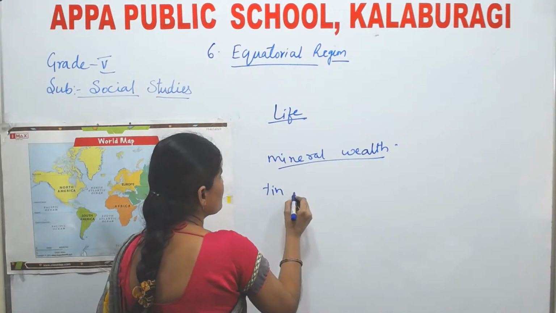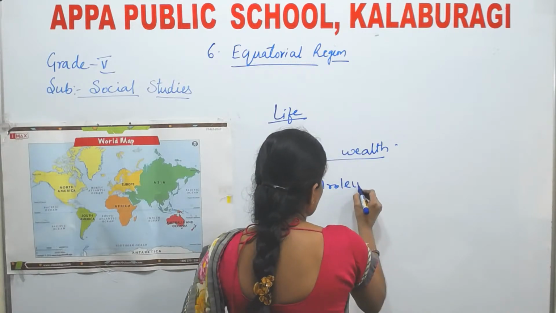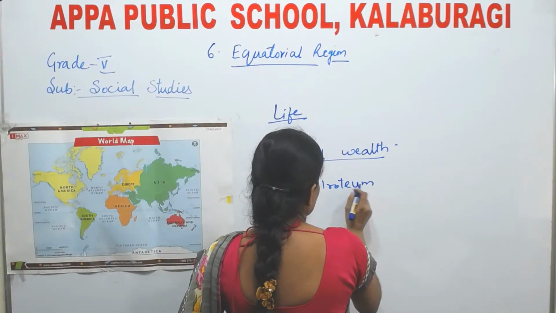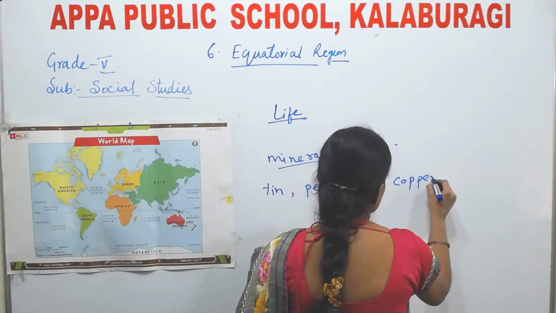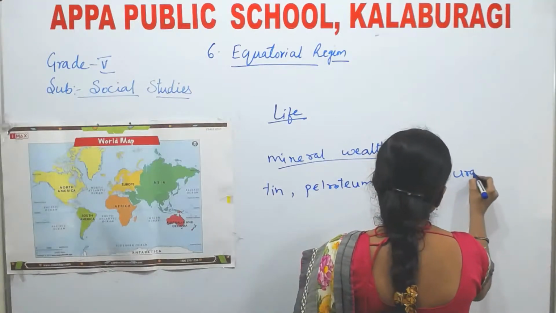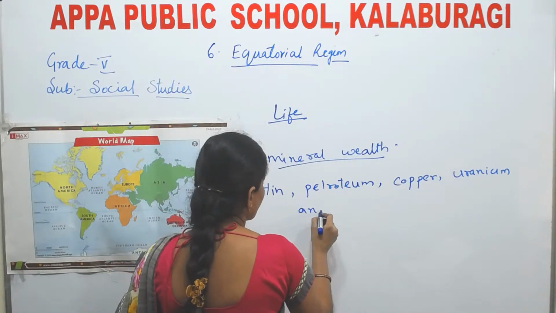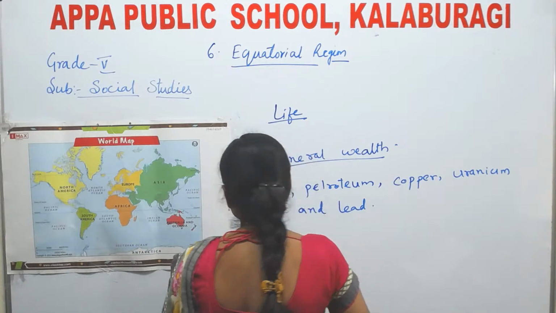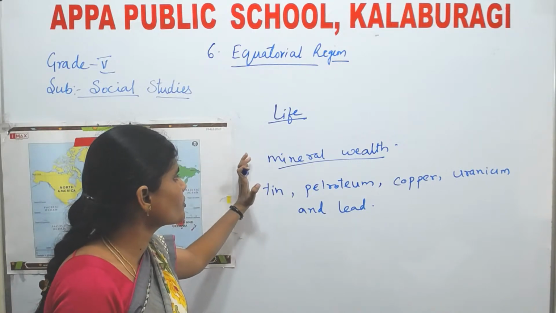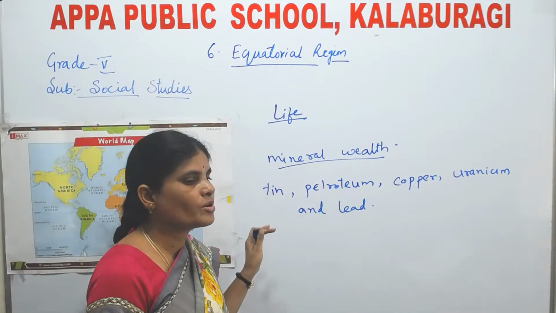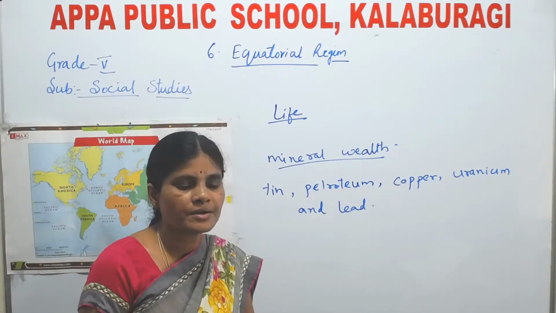Tin, petroleum, copper, uranium, and lead. The equatorial region also has mineral wealth. What are the minerals found in this region? Tin, petroleum, copper, uranium, and lead.